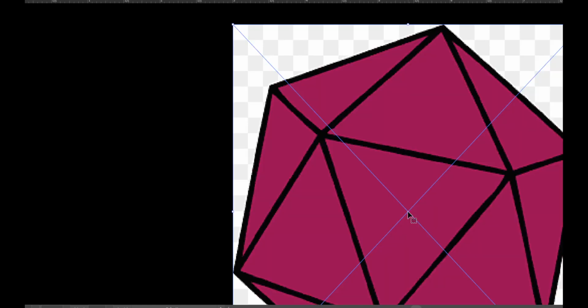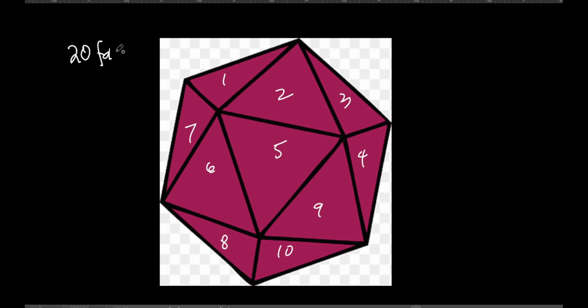Let's look at one more. Let's do this one. And let's shrink it. All you got to do is count. All right, so 1, 2, 3, 4, 5, 6, 7, 8, 9, 10. So how many altogether? There's 20 what?